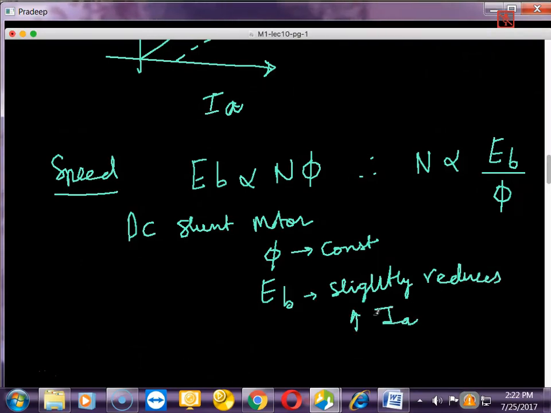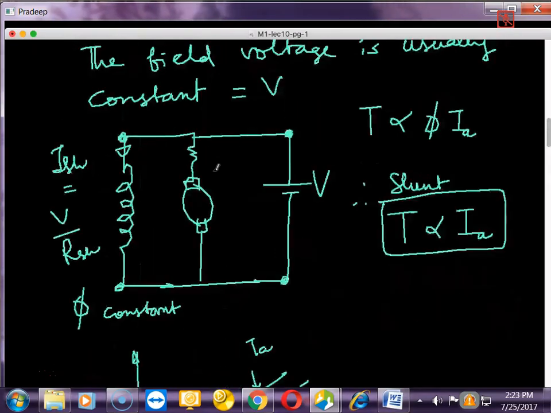Because when the armature current increases, there will be a drop in the armature resistance. Again, if I go back to the diagram, this current is IA, and this resistance is RA, and this drop is back EMF. From this, I can tell that IA is pointing downwards because it's a motor. IA is pointing downwards.